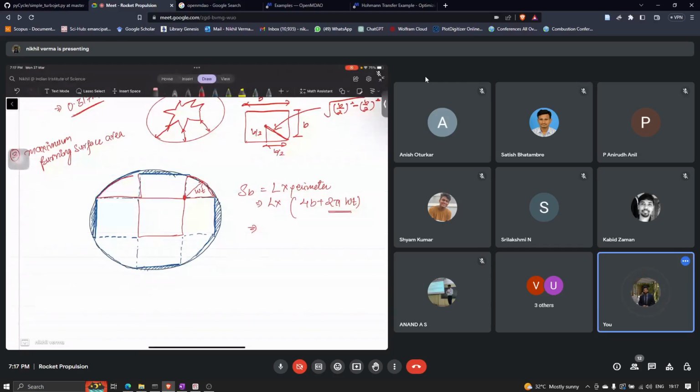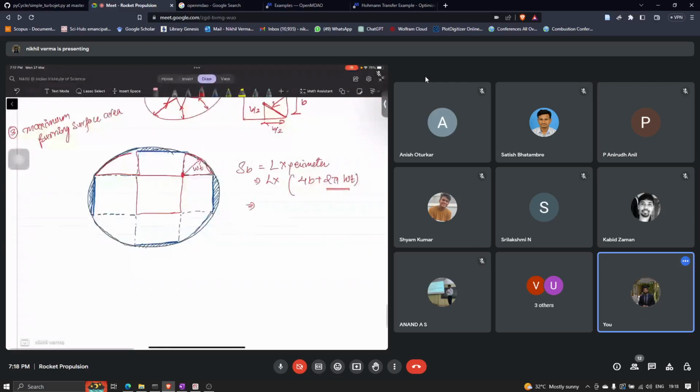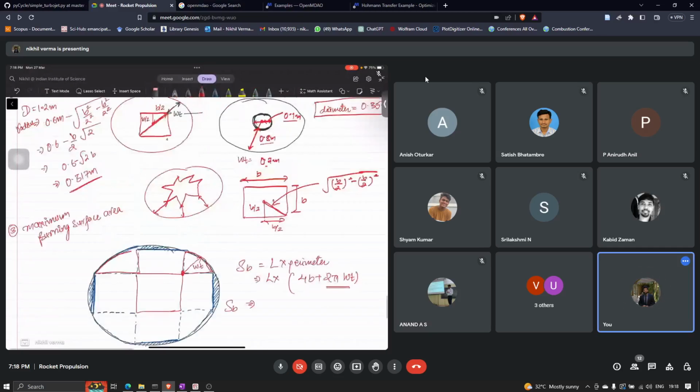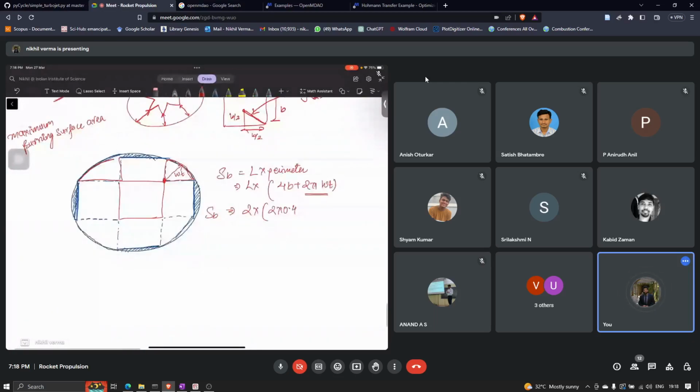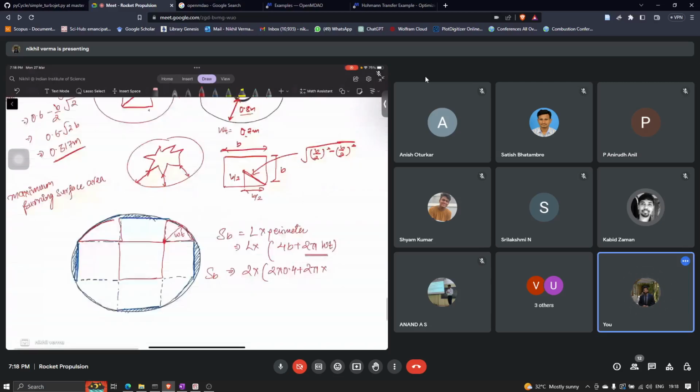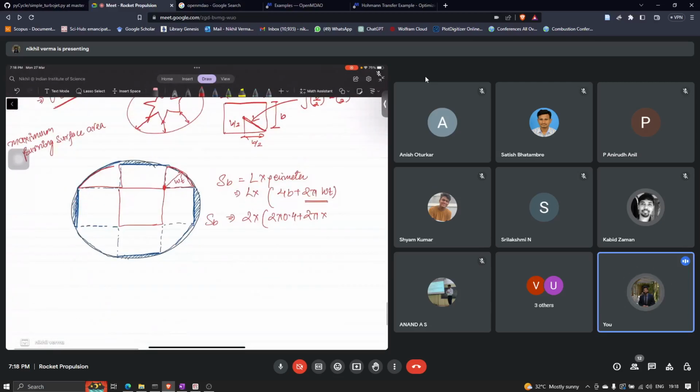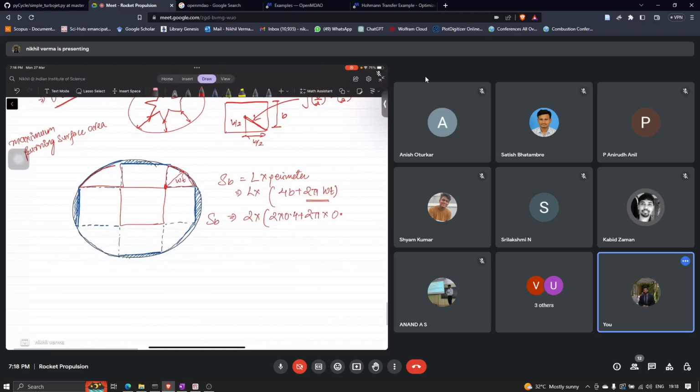Okay, so if you calculate SB, can you calculate SB? L is given as 2 into 0.4 plus 2 pi into 0.317.